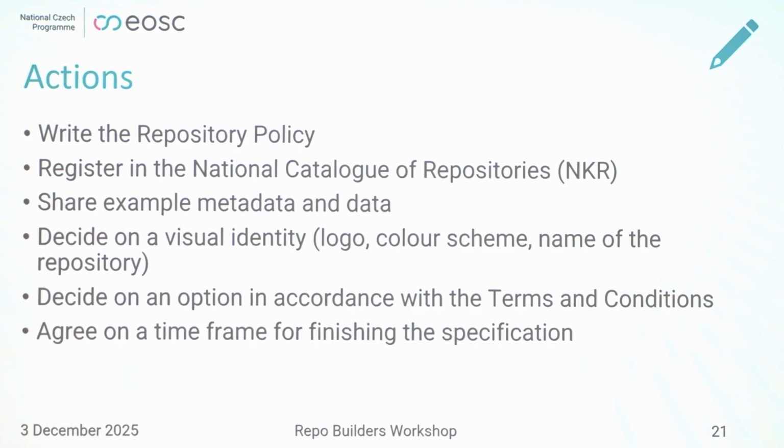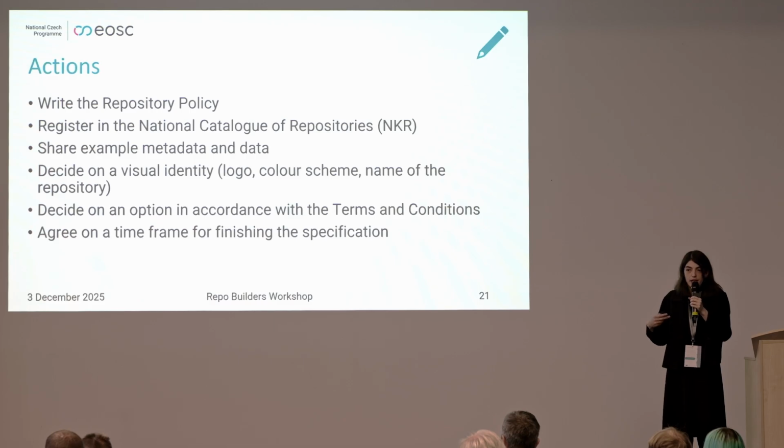We'll ask you to share examples of the metadata and data that you already have. This will greatly help us understand the data that you have and help you decide on the metadata profile, the controlled vocabularies, previewers, and so on. We are not part of your field, so it can be really hard for us to imagine the data without seeing it.